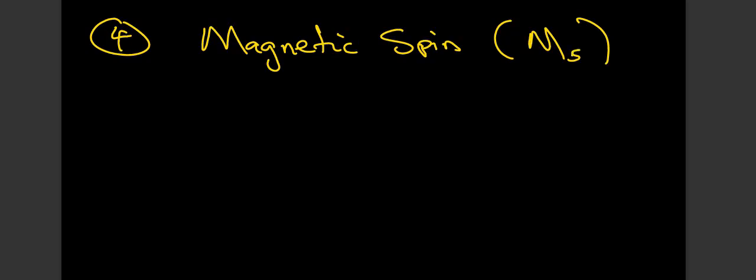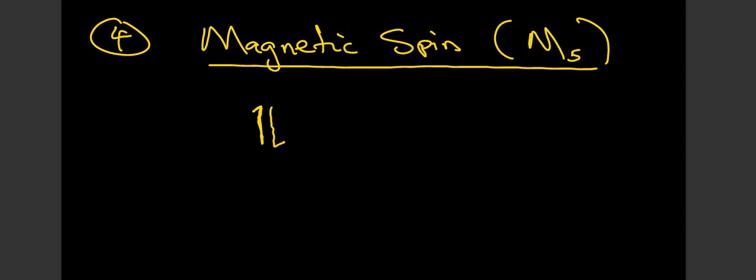This is the main reason why we write electrons like this. We write them as one half arrow facing up, the other half arrow facing down, and this one is spinning in this direction, the other one is spinning in the opposite direction.